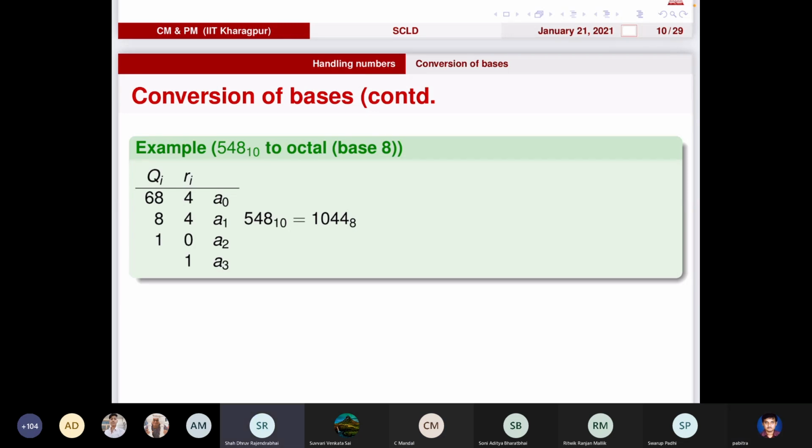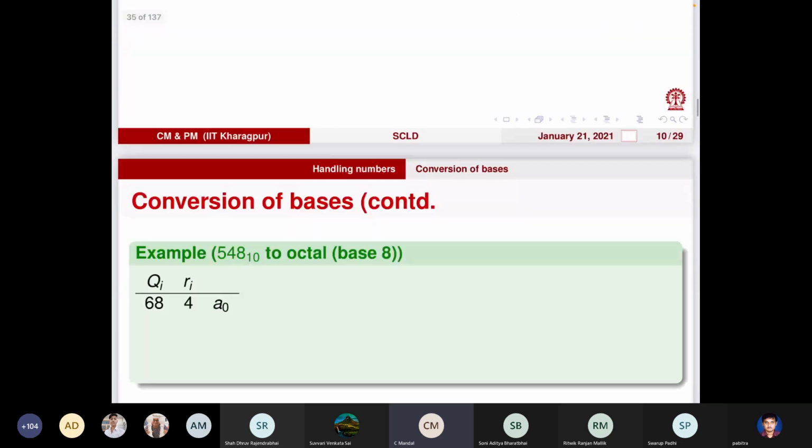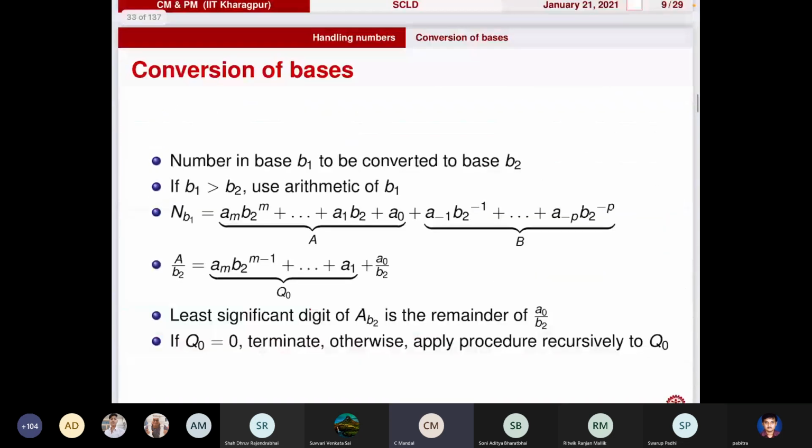Means first we have to convert that base 12 to base 10? No. See the definition. If you go back to that slide, where you have written NB1, what it says is use the arithmetic of base B1.